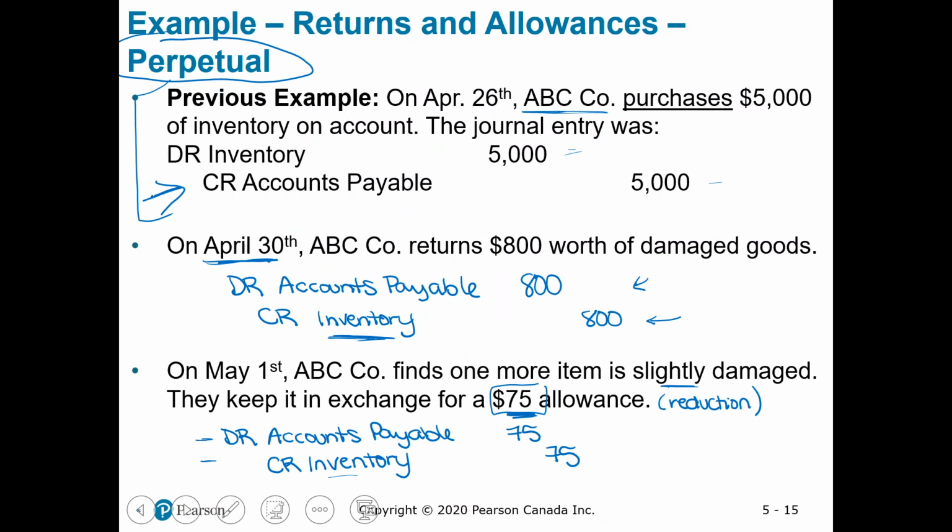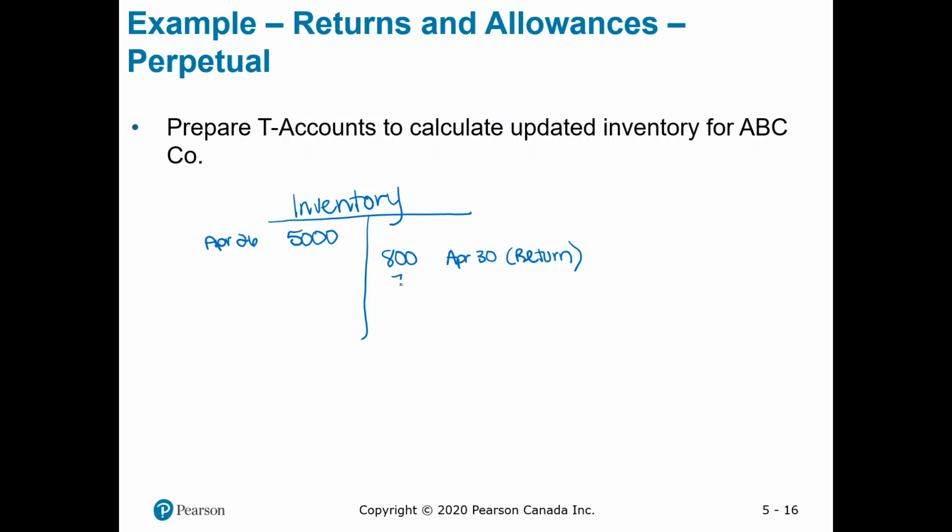And then the final one on May 1st, we had this allowance that we got. So we again credited this, but this was for the allowance or just the reduction in price. We still have those items. So we can calculate this, 5,000 minus 800 minus 75 gets us to this balance of 4,125. That is how much this inventory has cost now after the return and the allowance.